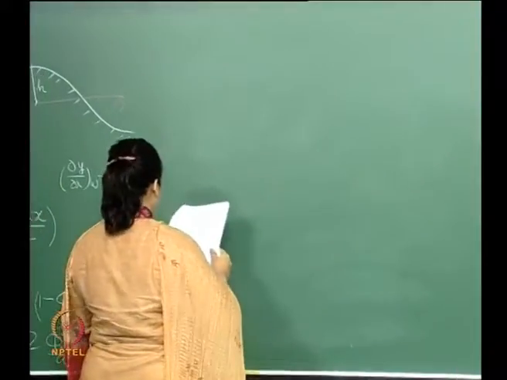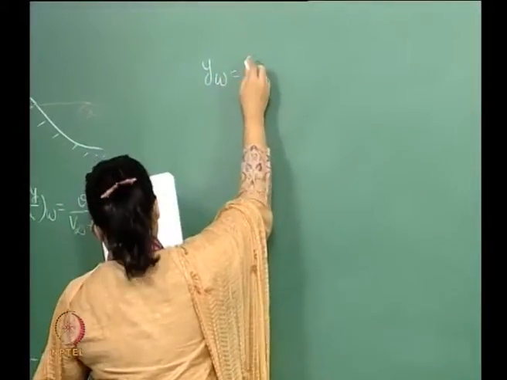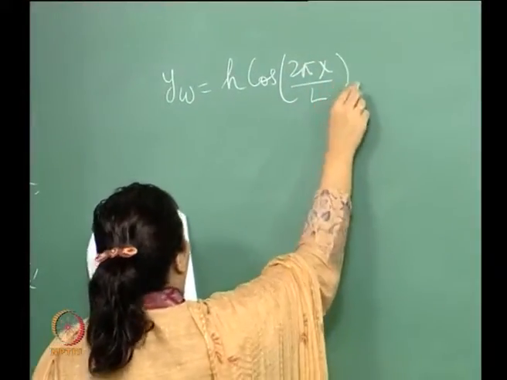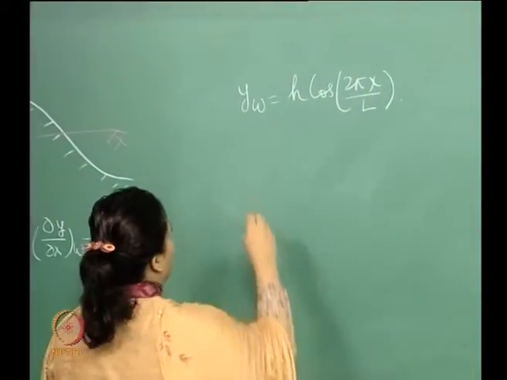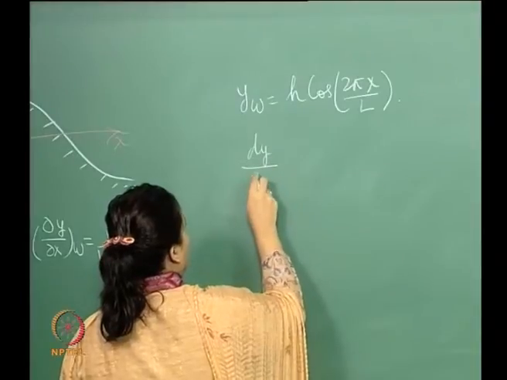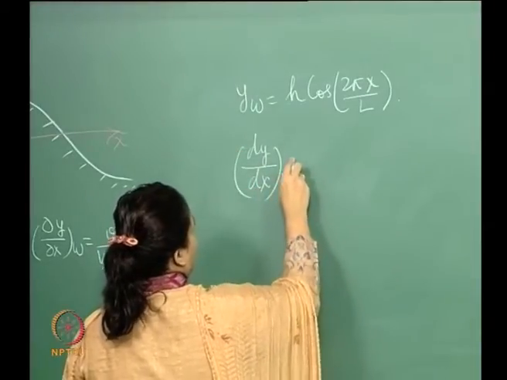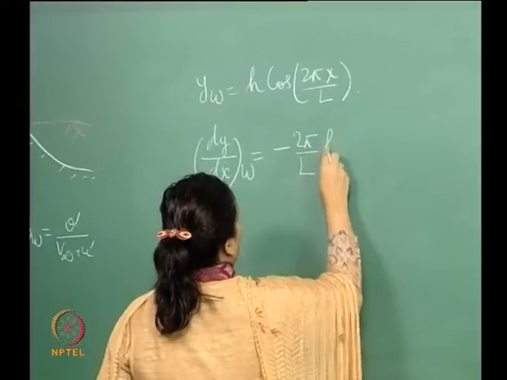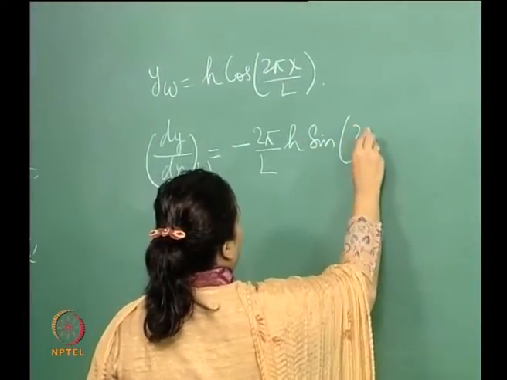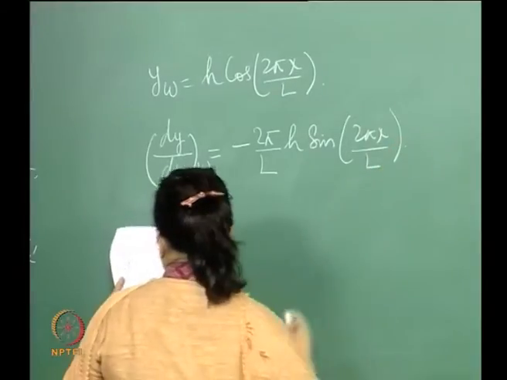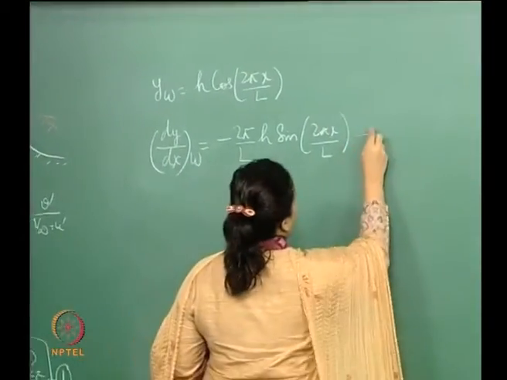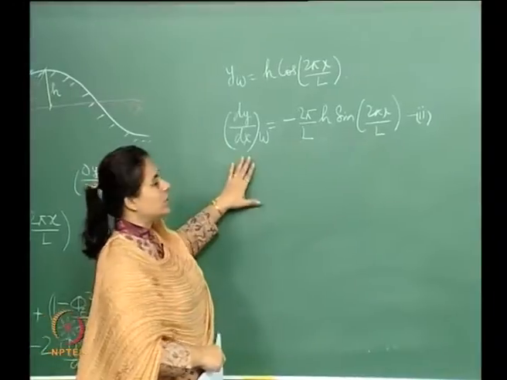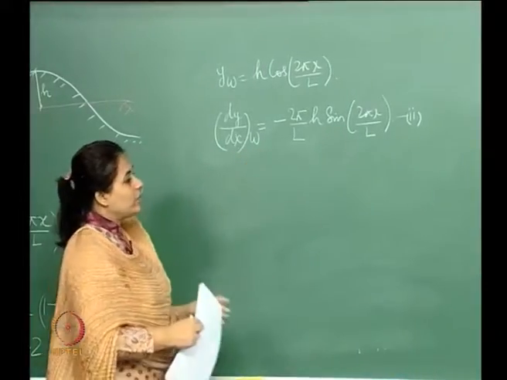So, if I consider the slope of the wall, what I get is this, and let us call it 2. So, this is from the geometry consideration of the physical wall itself.